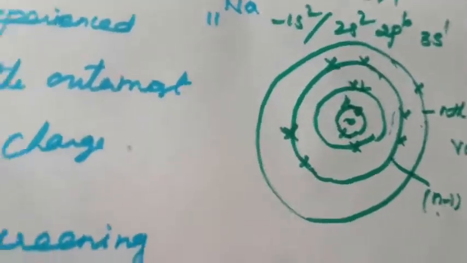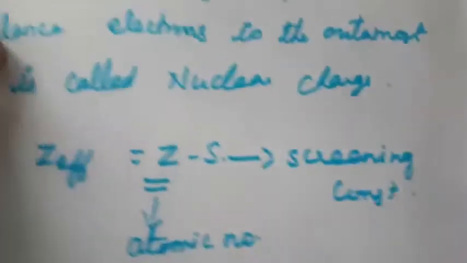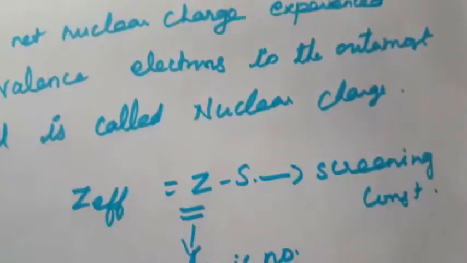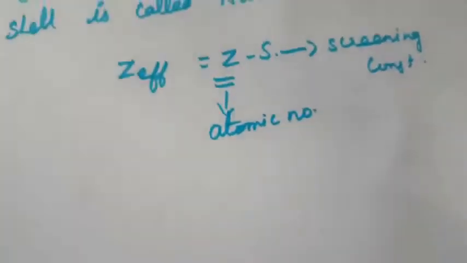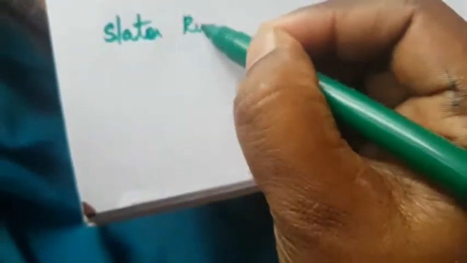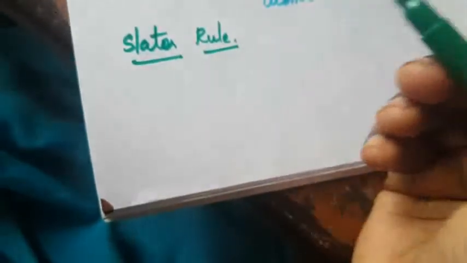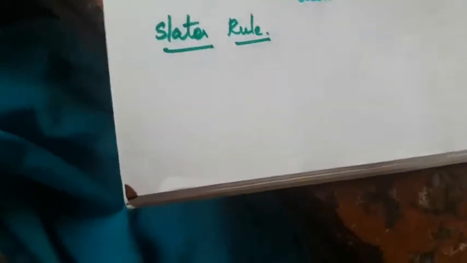So Z is the atomic number and S is the screening constant. The next one is how to calculate the effective nuclear charge using the Slater rule. What is meant by the Slater rule? The effective nuclear charge can be calculated using the Slater rules.